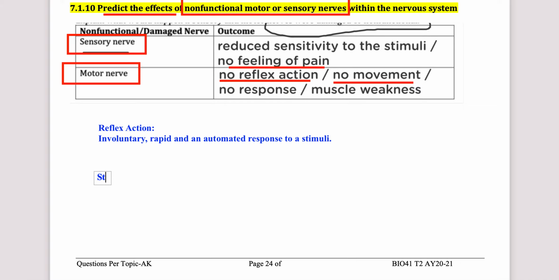So there is a stimulus. This stimulus is detected by the sensory neurons. These sensory neurons take the message to the CNS.